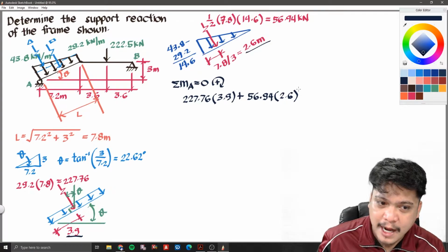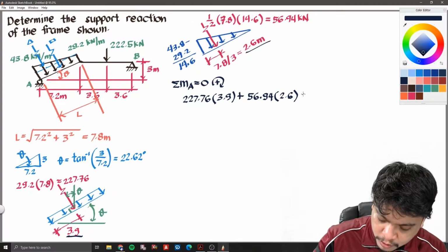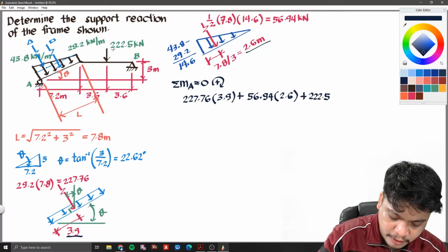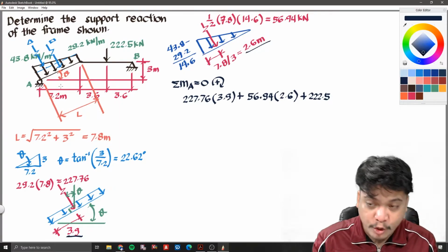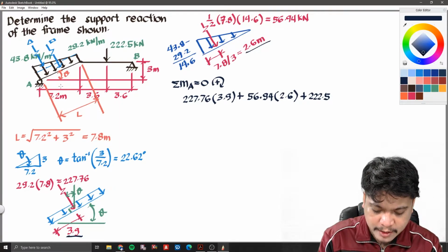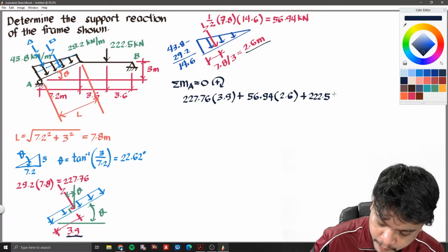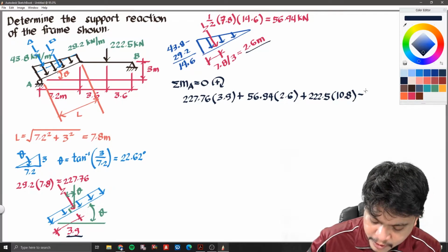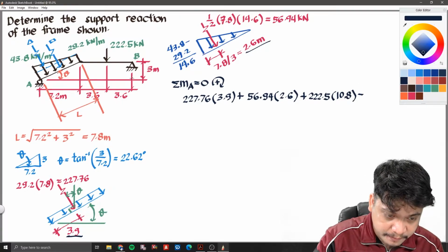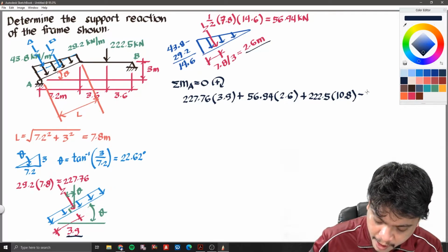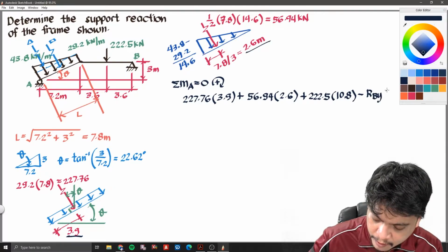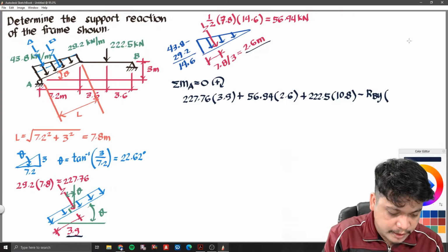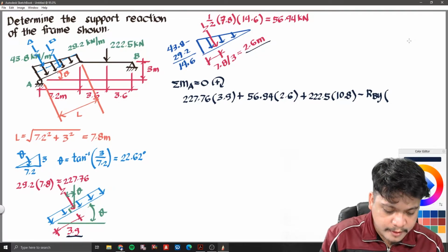Okay? And then lastly, meron akong load, so that is plus 222.5. Okay, so itong load na to, at ang kanya is 7.2, okay, plus 3.6. So that's around 10.8. So 10.8. And then minus, okay, I have now here RBY, and then multiply ko yon by around plus 3.6 again. So that's 14.4.